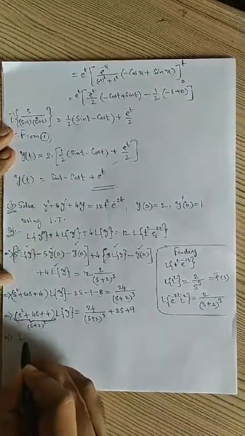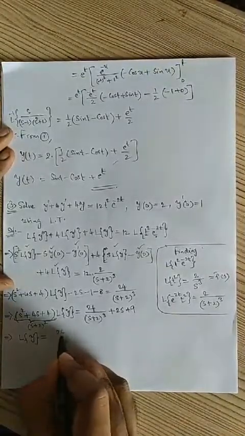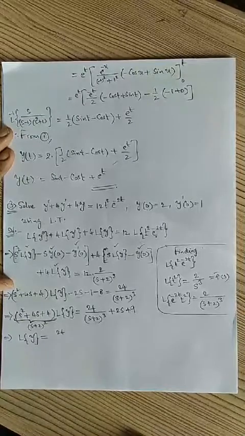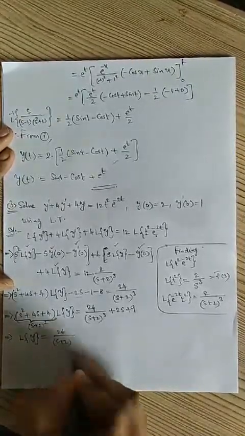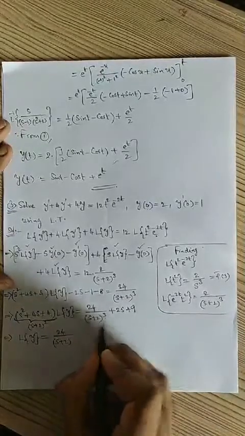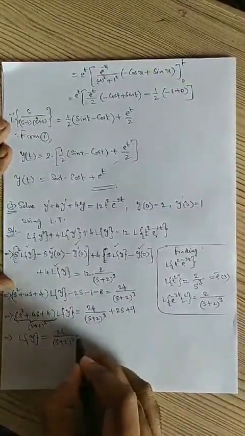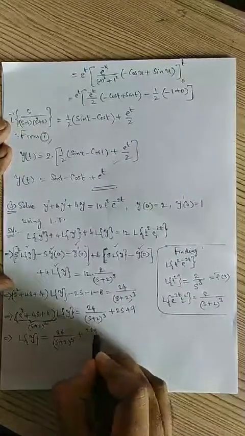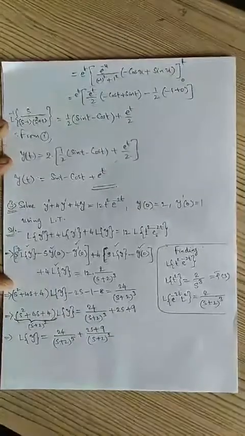Then Laplace transform of y is equal to 24 by s plus 2. Already power 3 is there, and here power 2 is there. When you bring this side, power 5 total, and here 2s plus 9 by s plus 2 whole square.